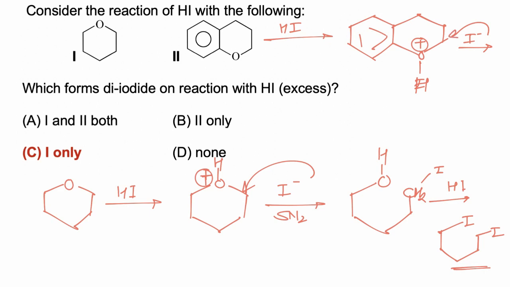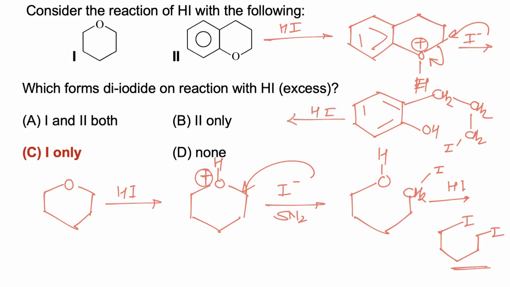So I negative will attack at this side. So one of the OH will attach to the ring, and CH2, CH2, CH2 I will form. Now this molecule will further not react with HI.